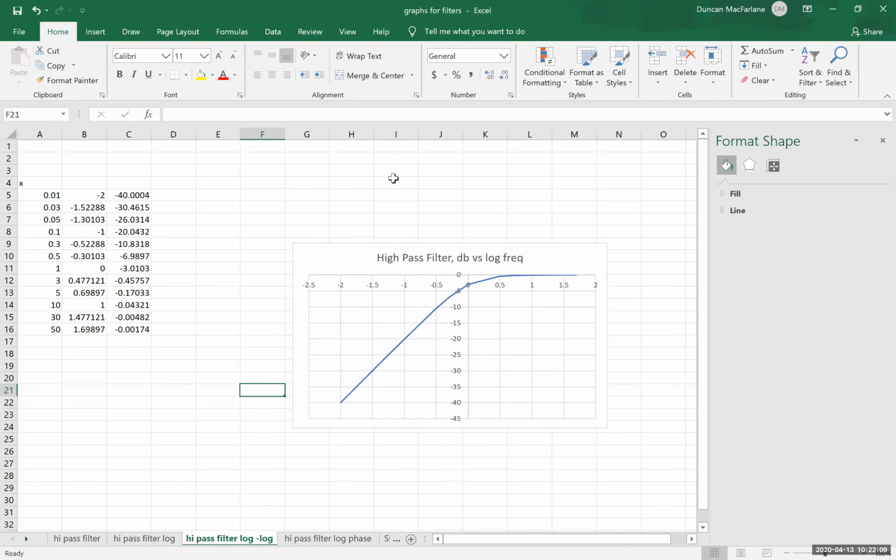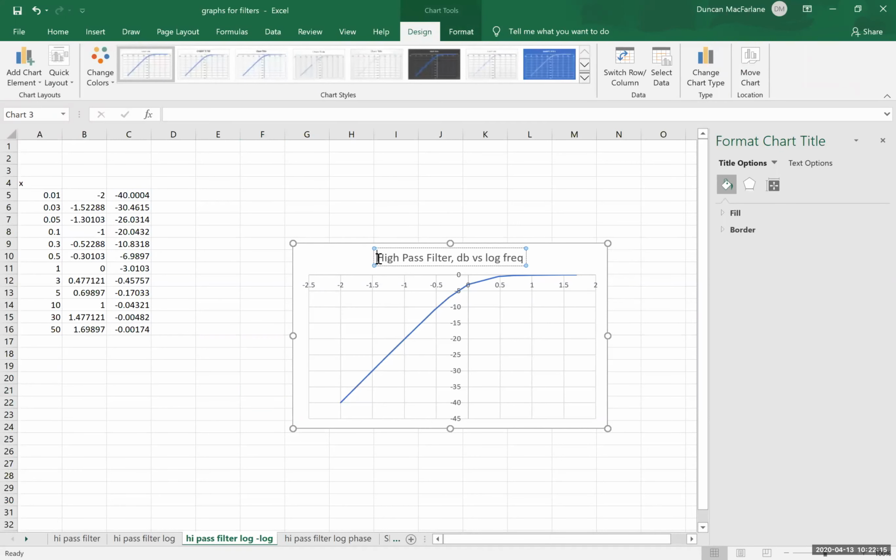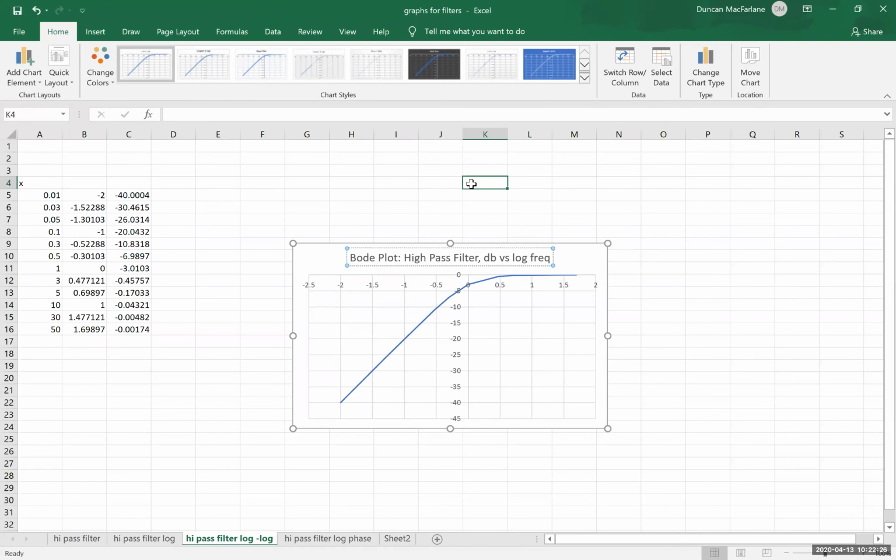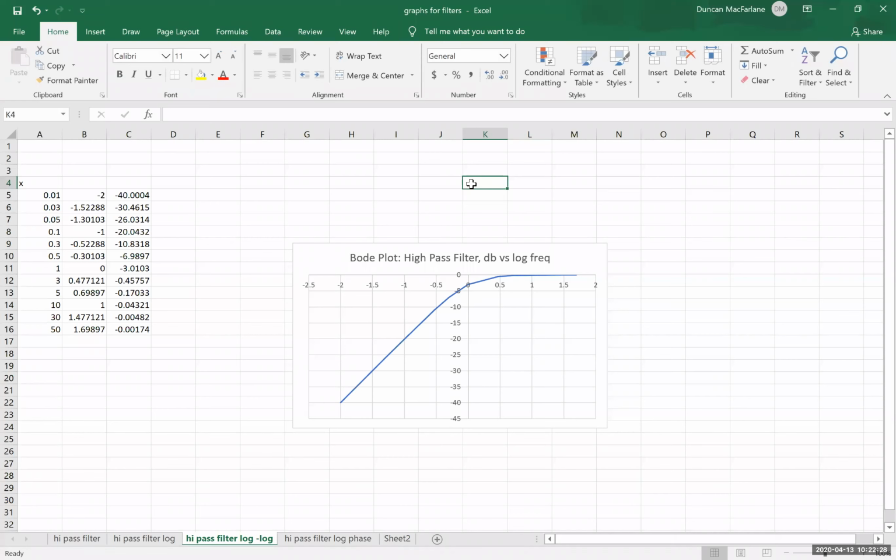And this is called a Bode plot, B-O-D-E. So this is called the Bode plot, and this is the magnitude of the filter.